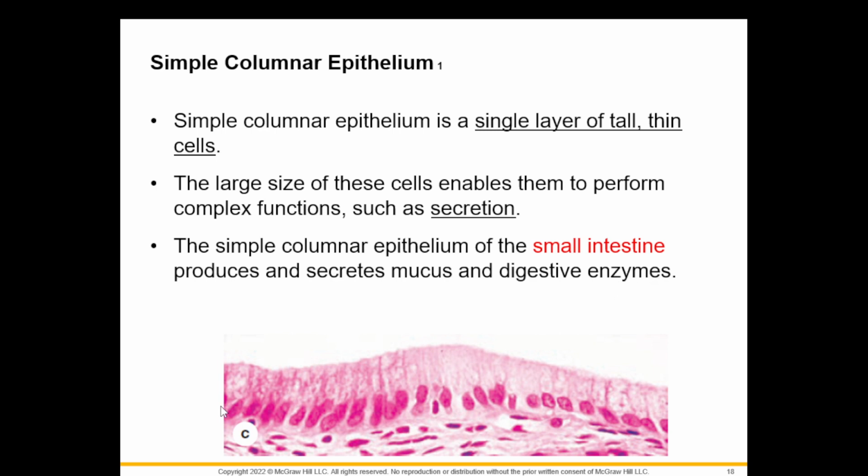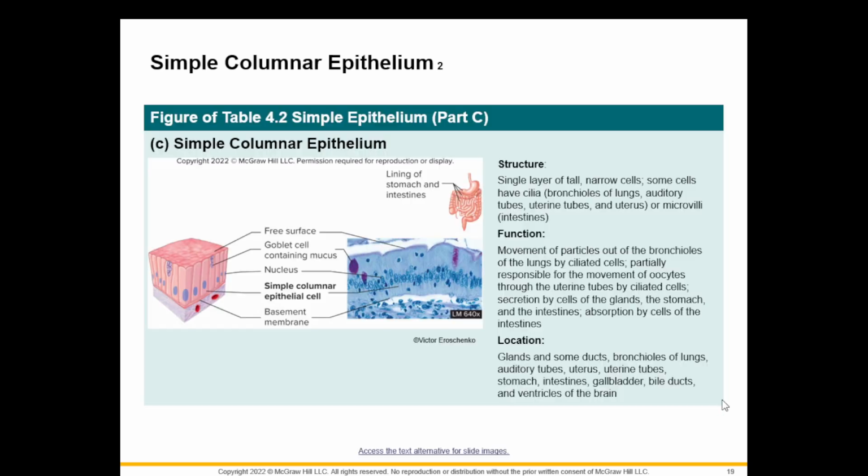Here we can see a uniform appearance of the nucleus. They're even, all at the same level. And very obvious that the cells are taller and they are very thin. Here's another diagram showing that. You see here your single layer of tall cells. And even here, you see that very nice uniform appearance of the nuclei and very tall cells.